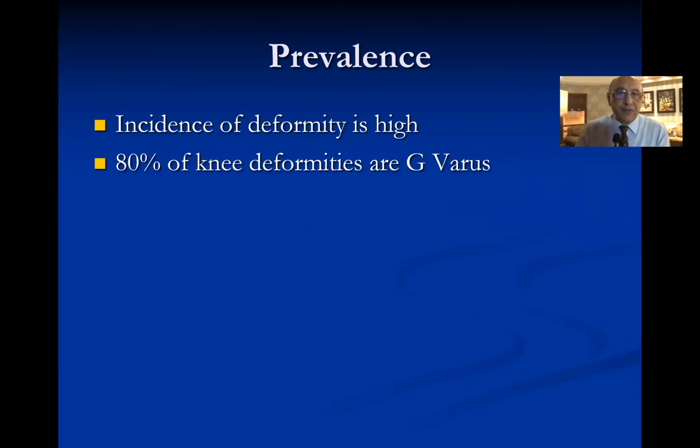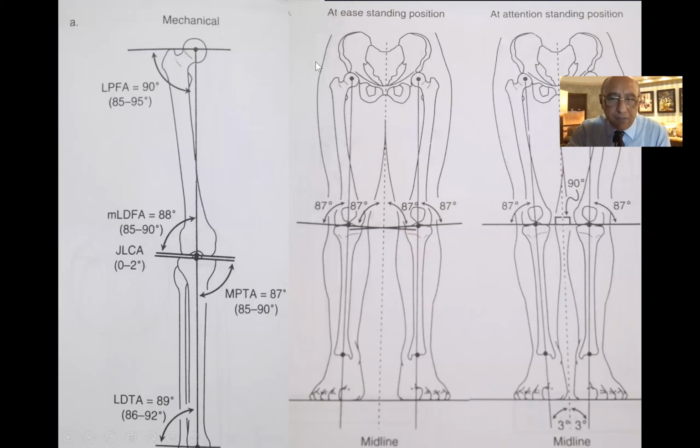The prevalence of deformity is high. The incidence of varus deformity in particular may reach up to 80% of the population of knee deformity.